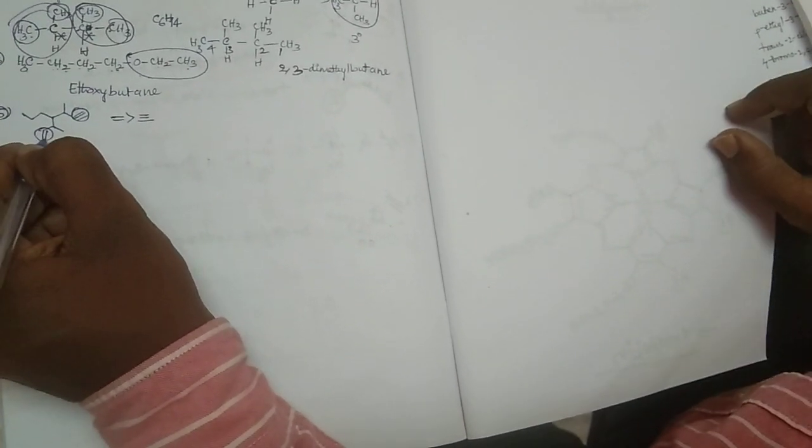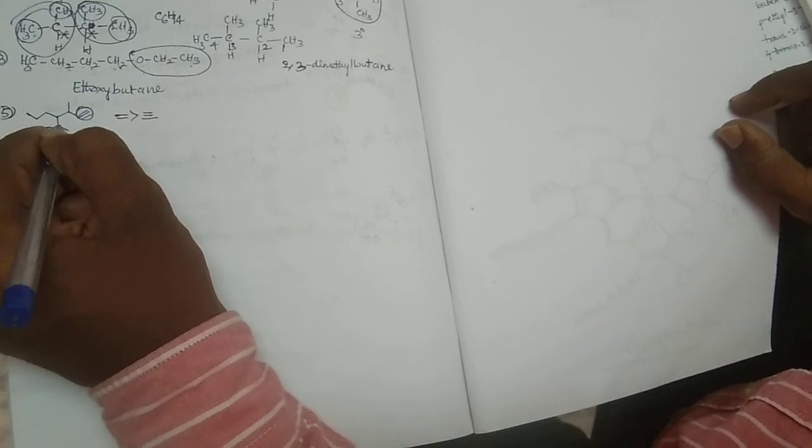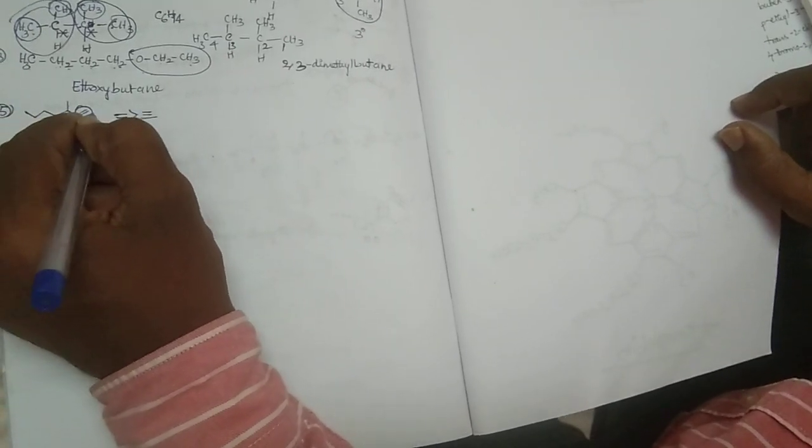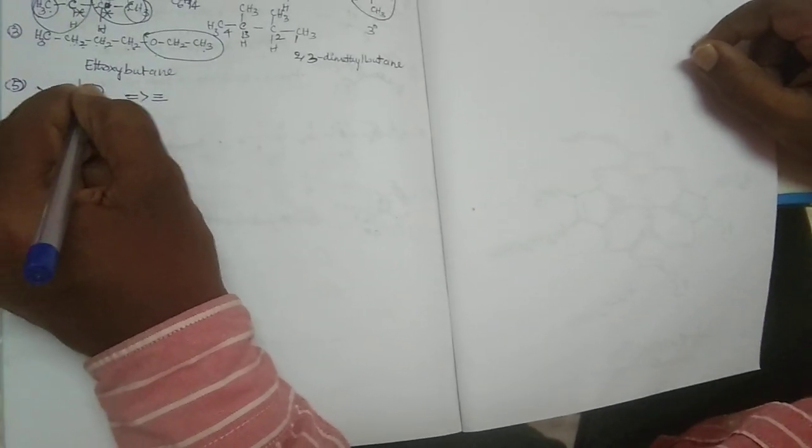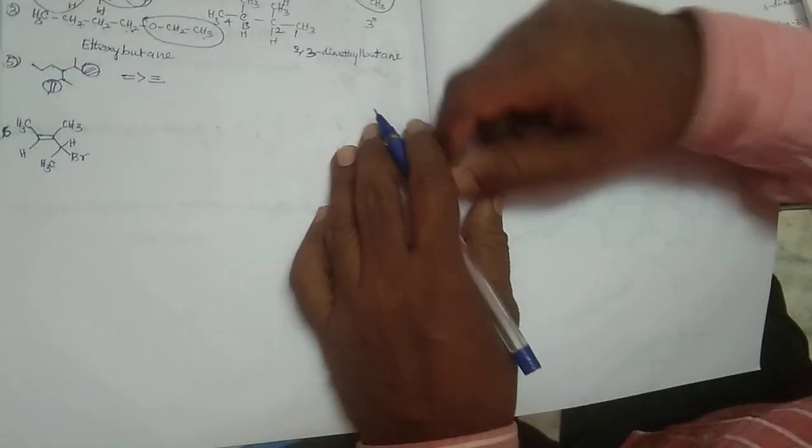So both should be included in the parent chain. 1, 2, 3, 4, 5, 6, 7 carbon atoms are there, and if you consider this side 1, 2, 3, 4, 5, 6, 7. So both sides you have 7 carbon atoms, but we need to include the triple bond also in the parent chain.